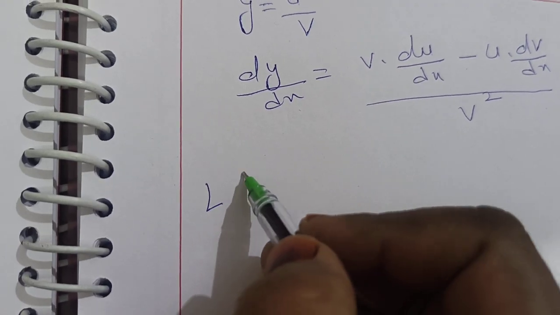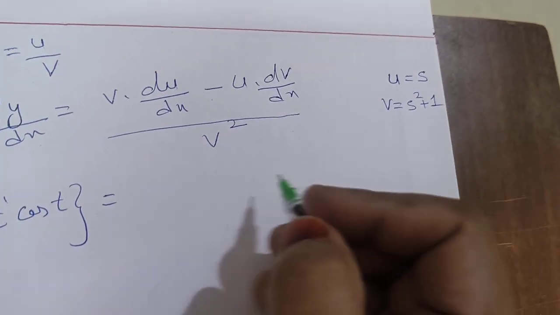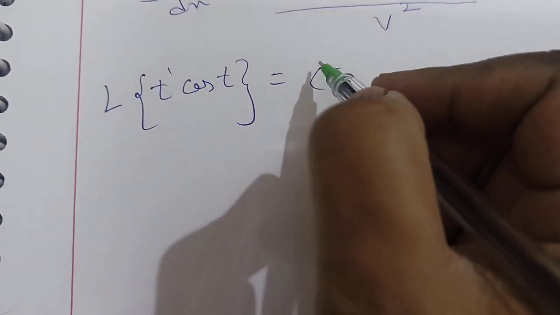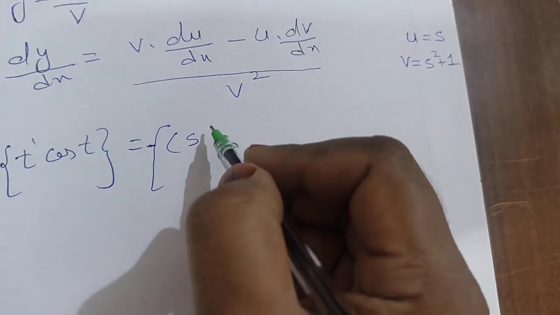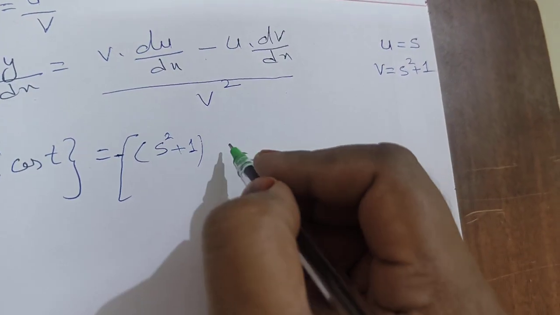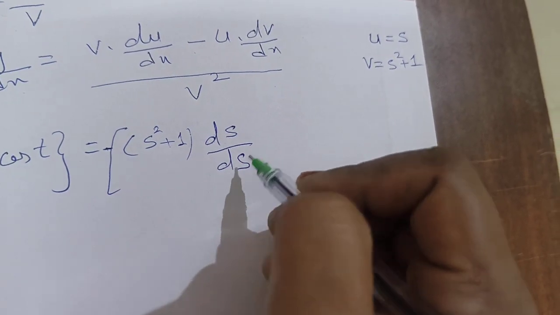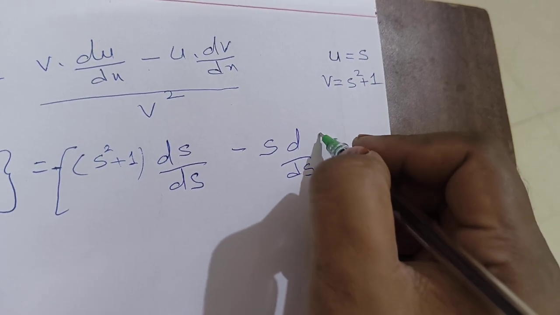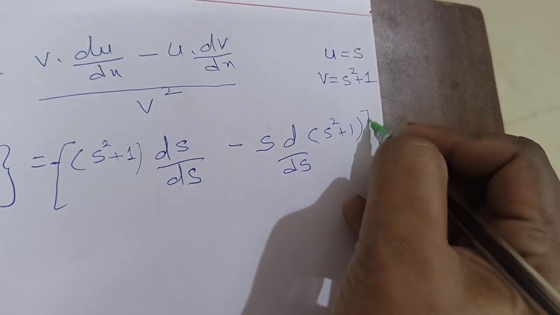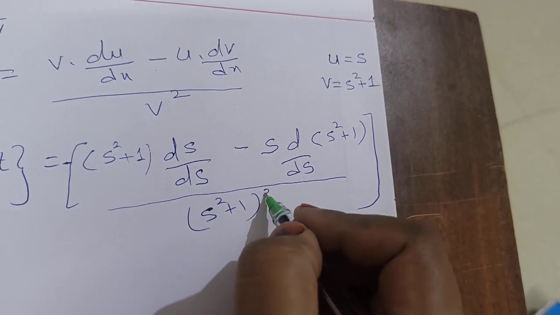So our left hand side, L of t to the power of 1 cos t, is equal to minus 1 to the power of 1, which means minus of, with a negative sign before the bracket: v, that is s square plus 1, into du by ds, where u is s, minus u, we put s as it is, into d by ds of v, where v is s square plus 1, whole divided by v square, that is s square plus 1 whole square.